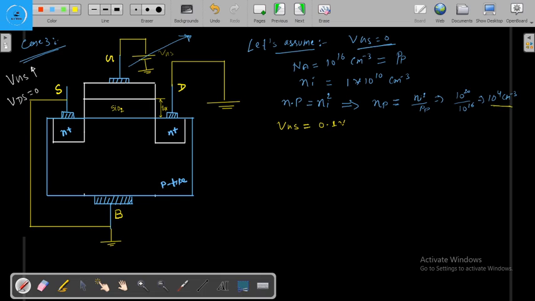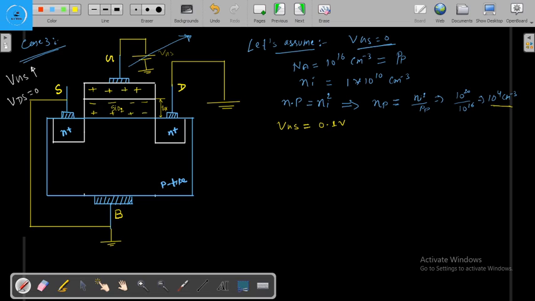Now when the VGS will be equal to 0.1 volt, or we increase the VGS by a small amount, we have applied the positive voltage here, so this will be positive, and charge polarization will happen here, so this will be negative because of the SiO2. This is the property of the dielectric.